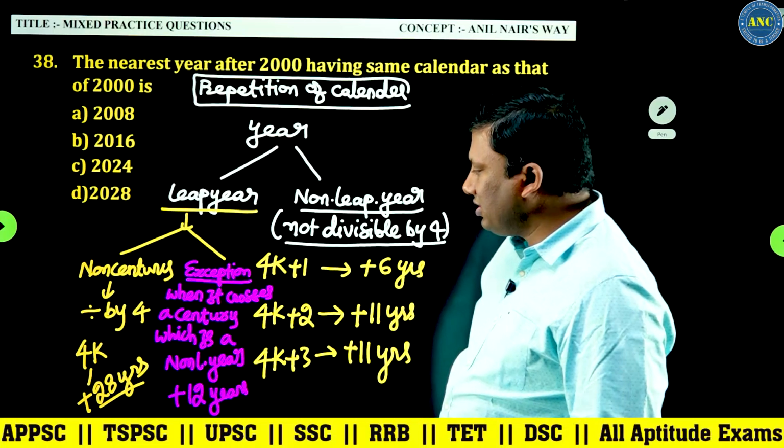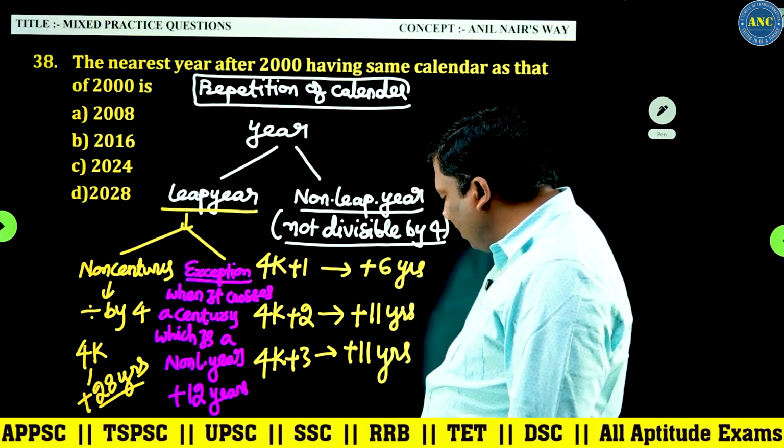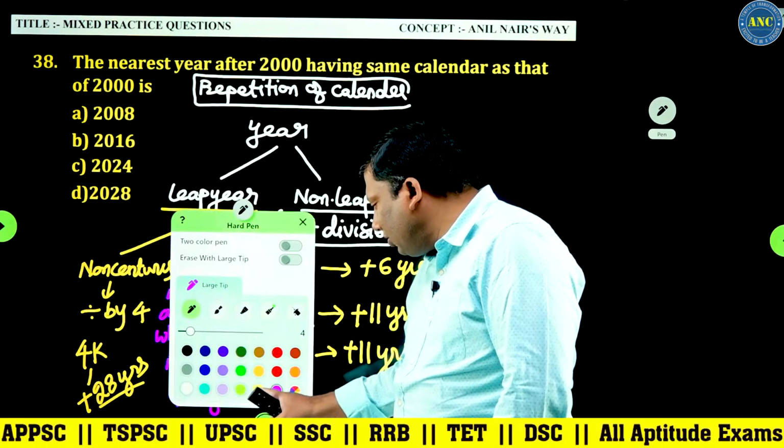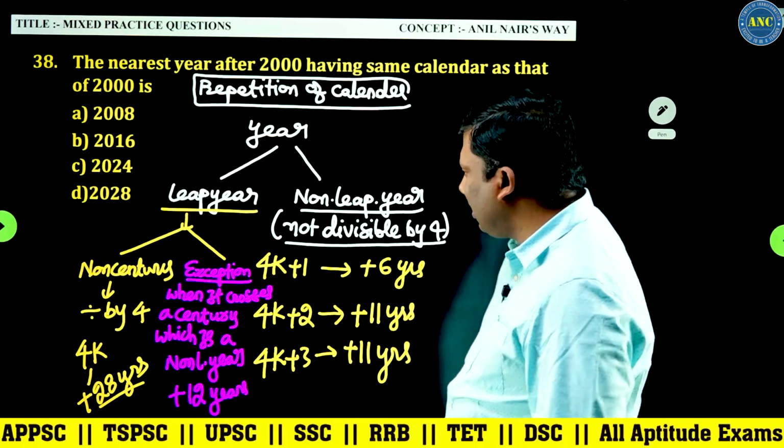When it crosses a century, which is a non-leap year, then the calendar will repeat itself after 12 years. I hope the idea is clear.